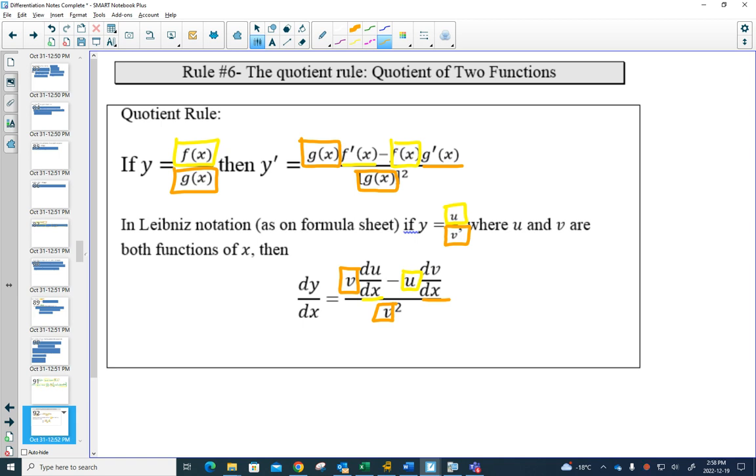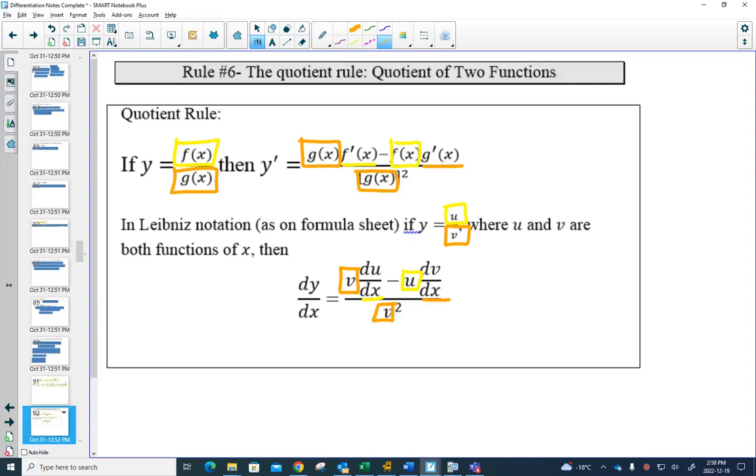I think your formula sheet is all Leibniz notation. Not formula sheet, formula book, because it's like big. When does a booklet become a book?